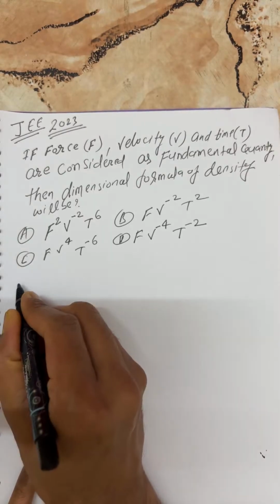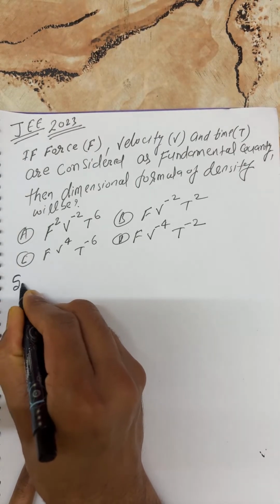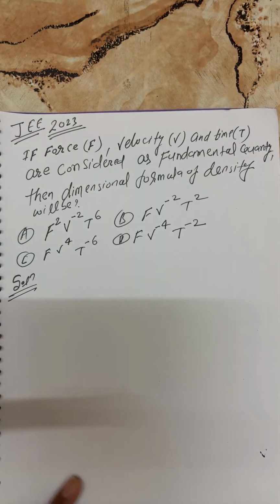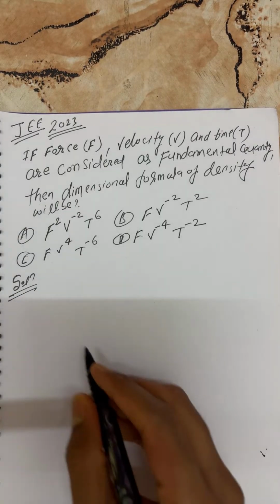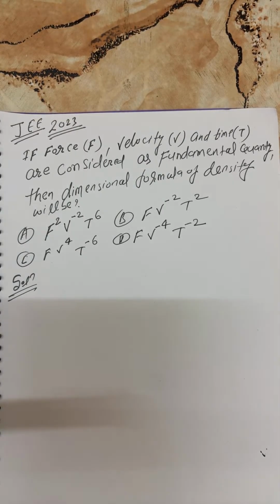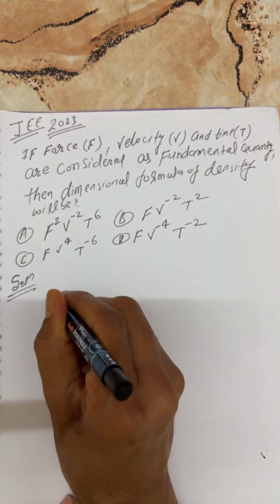So now students, have a look at the solution of this question. The question says force, velocity, and time are considered as fundamental quantities in the dimensional formula of density. So density depends on all these factors.